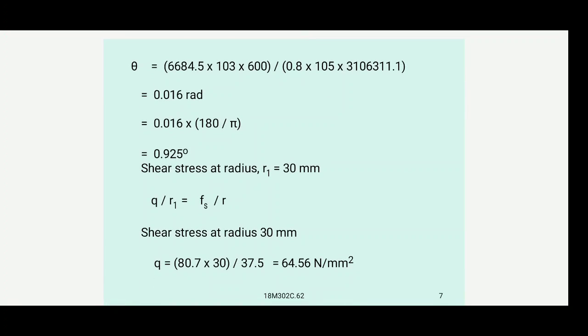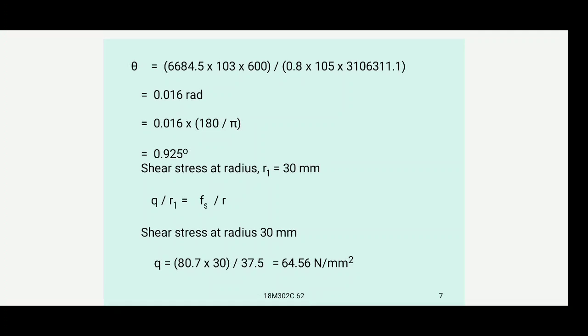Next, that is the angle of twist. Theta is equal to 6684.5 into 10 cube into 600 by 0.8 into 10 power 5 into 3,831,311.1, that is equal to 0.016 radians.